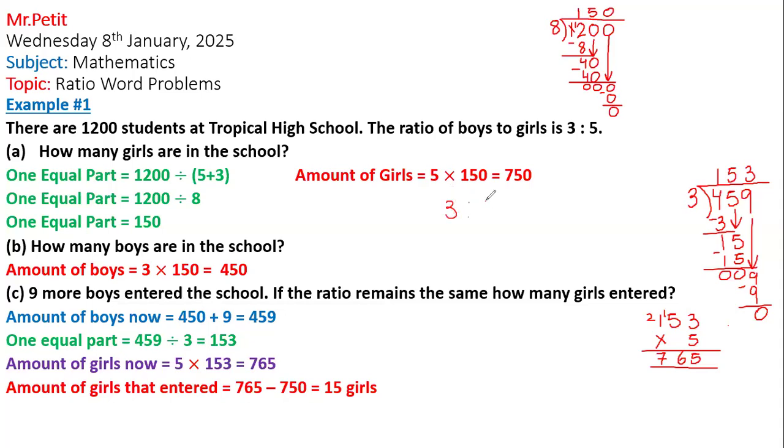It's kind of like equivalent fractions. You know that 9 more boys entered. So that means that this slot is 9, right? So what we have to figure out is what is this slot. So we ask ourselves, well, how did I get from 3 to 9?